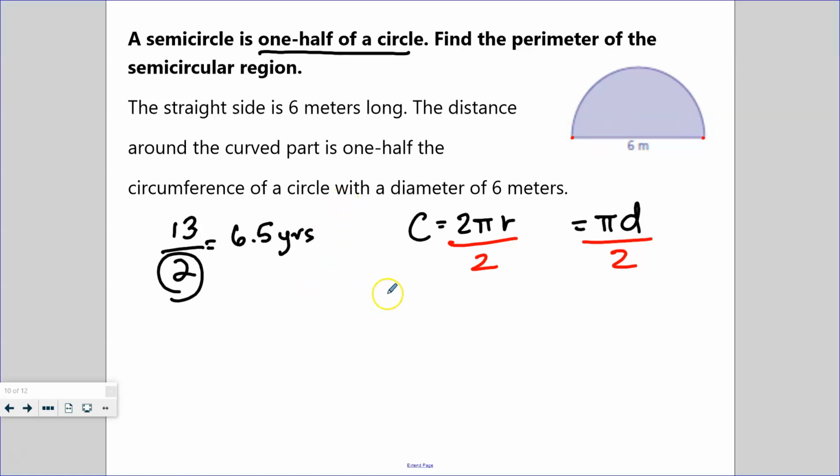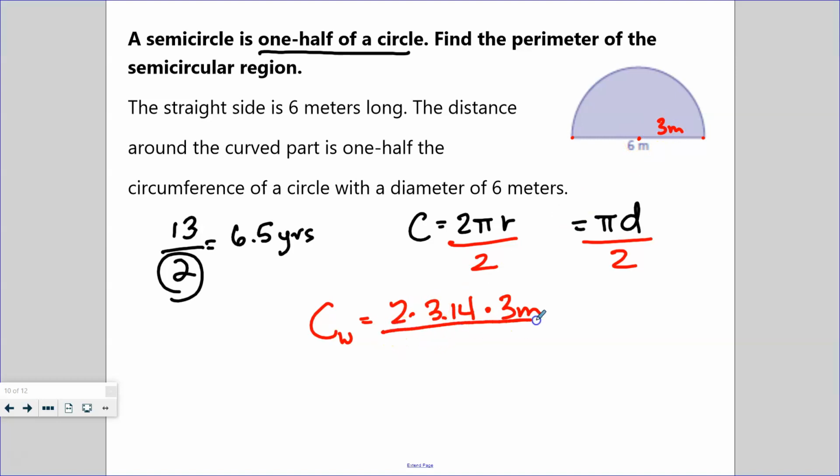Okay, so let's figure out the circumference of the whole circle. I'm going to put a little w right there, so we know that that's the circumference of the whole circle, not the TV show or the TV station. So C_w equals 2 times 3.14 times 3 meters, if I'm using this formula. The radius is half of the diameter, so 3 meters.